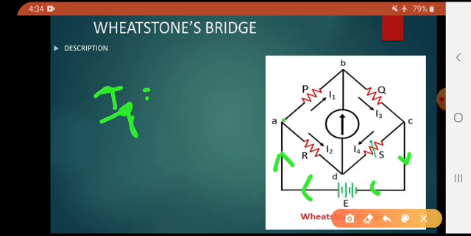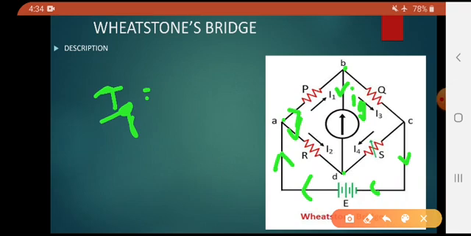At A, it is split into I1 and I2. I1 goes to B and then Ig passes through the galvanometer, and at D, Ig and I2 come in, and this goes out.